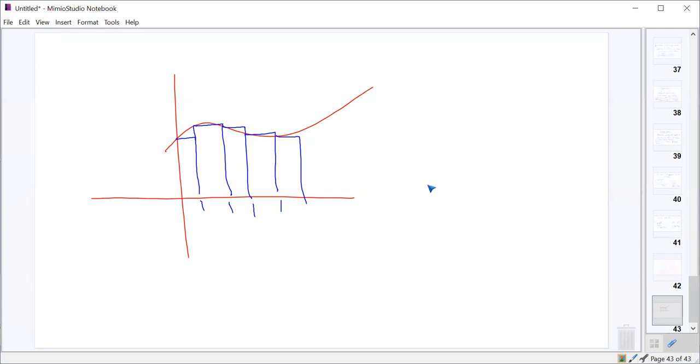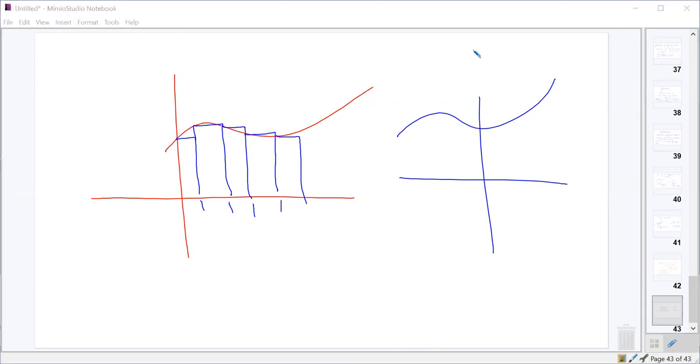Okay? They might ask you to do a right rectangular approximation. So we got some function like this. You will take the right endpoints and make your rectangles. Everybody good with the basic of that? Yep.